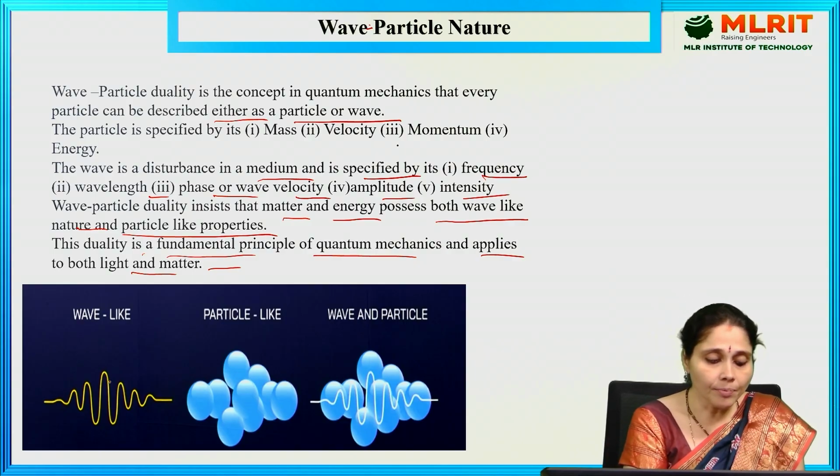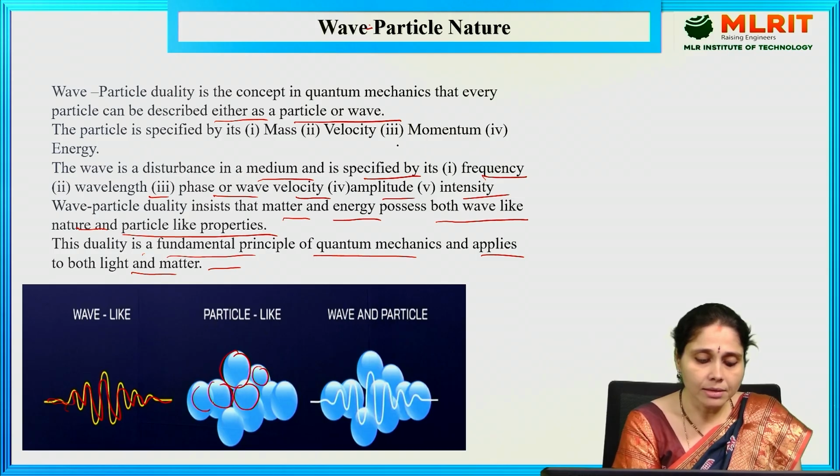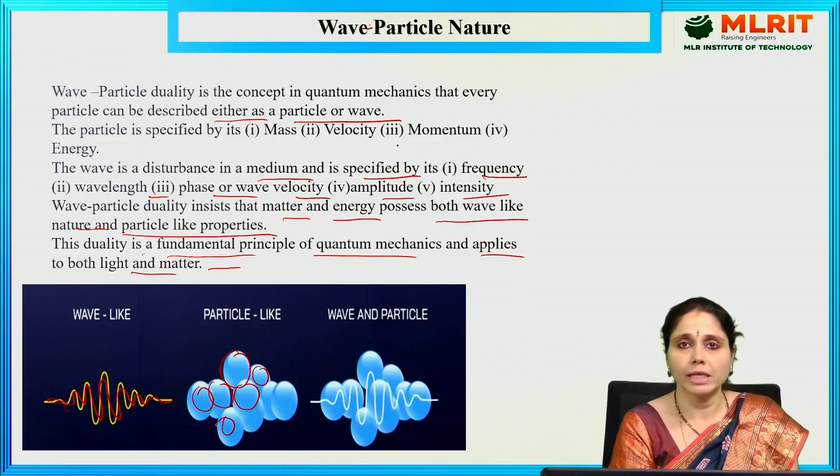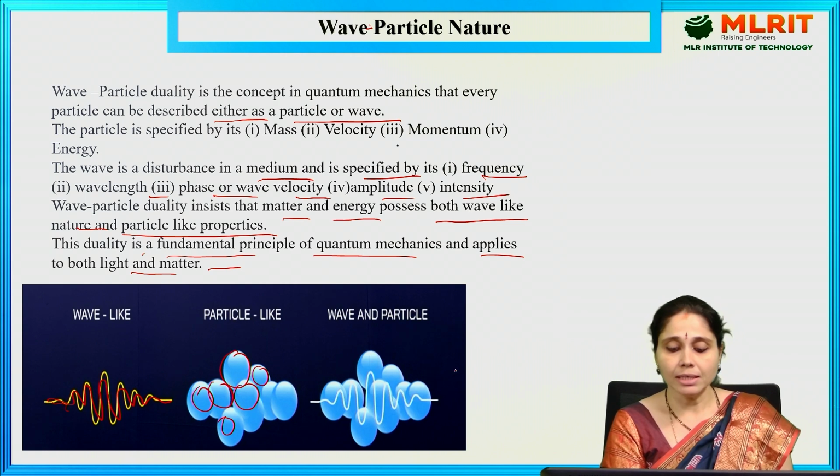See here, the wave is represented like this with crests and troughs. This is the representation of a wave. And what is a particle? A particle is represented with a circular notation. Wave particle duality means within the particles there will be waves, and within the waves there will be particles. We shall discuss this in the next slide.